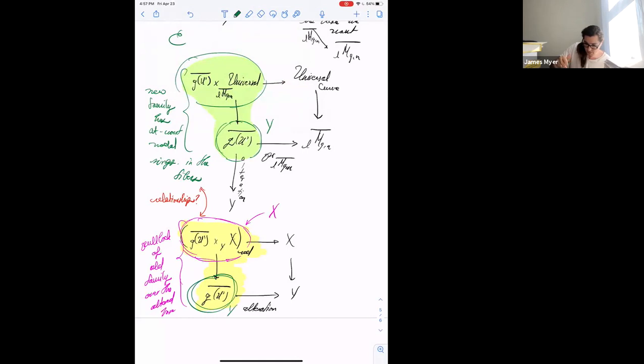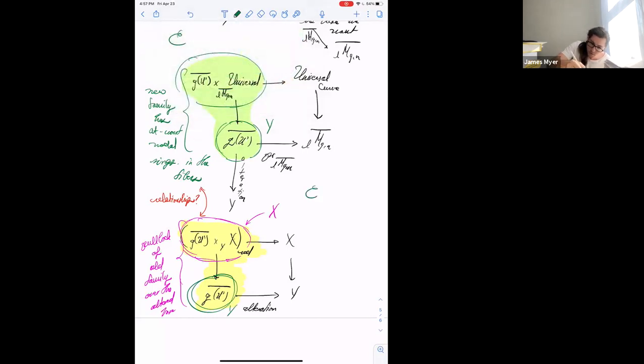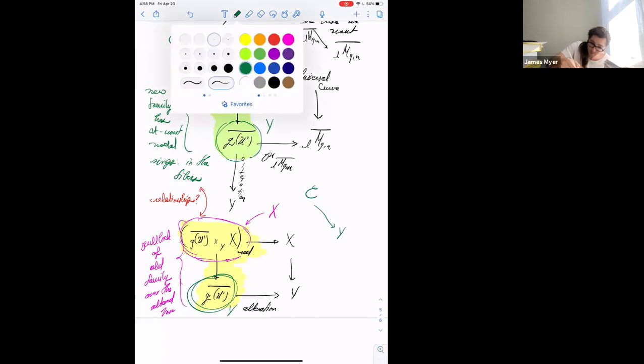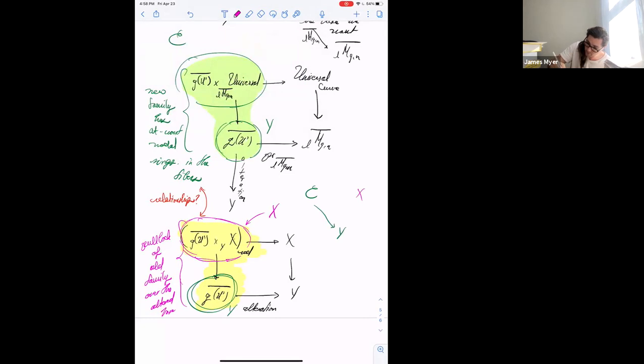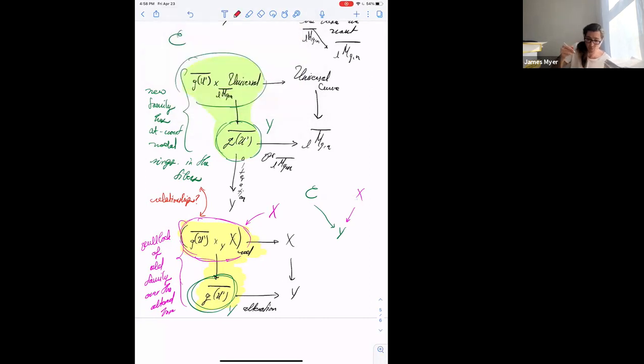So what do we have? We have C over Y, and then we have X over Y. And notice I didn't draw anything between C and X. The reason I don't draw anything so quickly is because I don't actually know that what lives between C and X is a morphism.